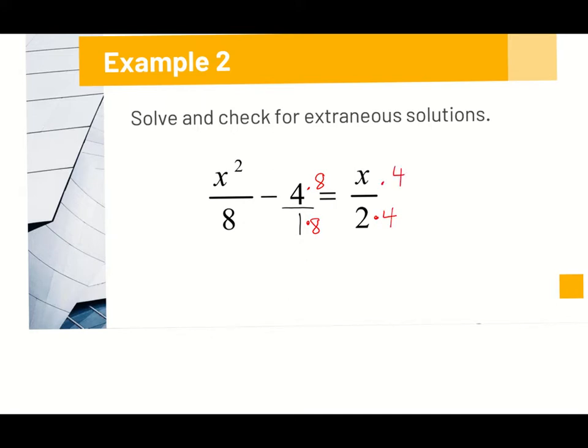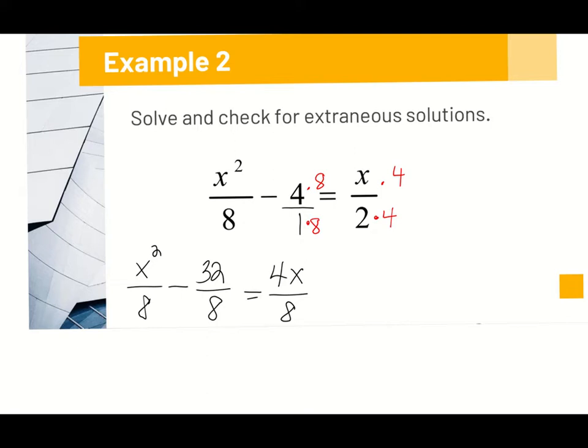So let me go ahead and multiply those together and rewrite it out. So I have x squared over 8 minus 32 over 8 equals 4x over 8. So now my denominator is common at an 8. So now, obviously, that's going to stay equal.